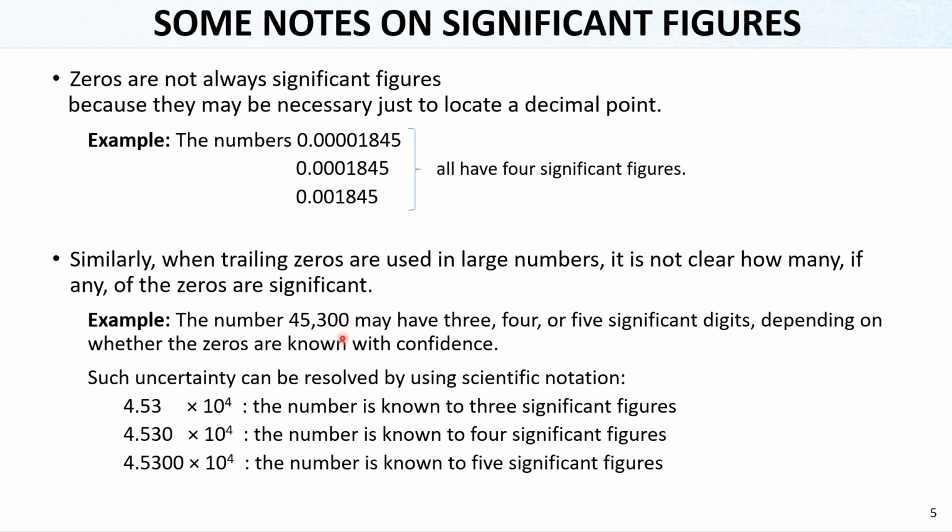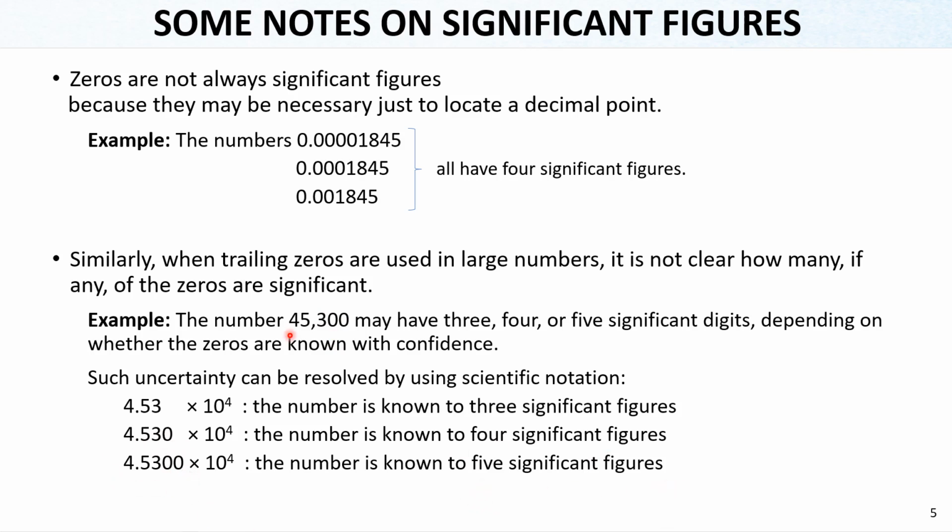If we are not sure about the confidence of these zeros, we can simply show it by 4.53, and this has just 3 significant figures, and it is still 45,300 by adding this 10 to the power 4. But if we are sure that there is 1 zero for sure over there, then it is shown by this, and it has 4 significant figures, and if we are confident that there are 2 zeros, then we can show it like this, and this is 5 significant figures.